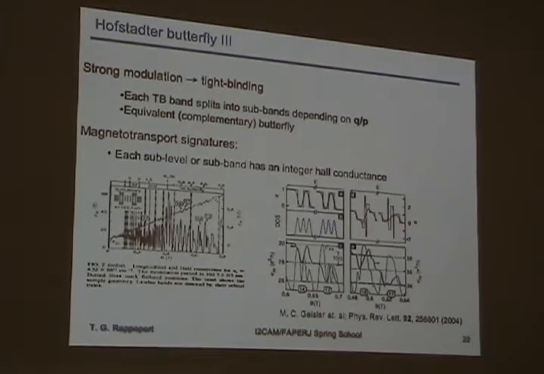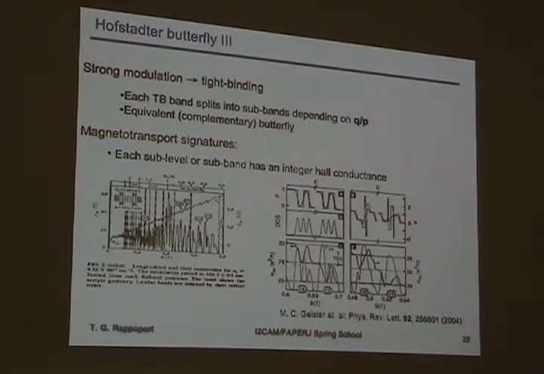And you can also see signatures. I'm not going into details of this, but you can see signatures of this butterfly by looking at magnetotransport measurements, because the integer quantum Hall effect in this system is very unusual: each of these gaps between mini bands has a Hall conductance associated to it that's different than 1.